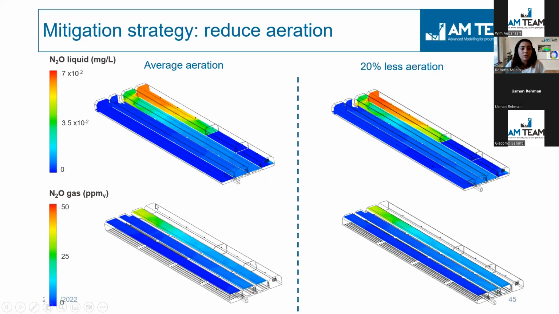What we can see is that the concentration in the liquid increases in the anoxic zone, and then, comparing the two scenarios, that by reducing the aeration by 20%, actually our concentration in the liquid and in the gas increases. So this is the very first result. And why is that? It's because by reducing your aeration, you are also stripping less, which means that your N2O in the liquid gets accumulated, and therefore also your gas gets more concentrated.